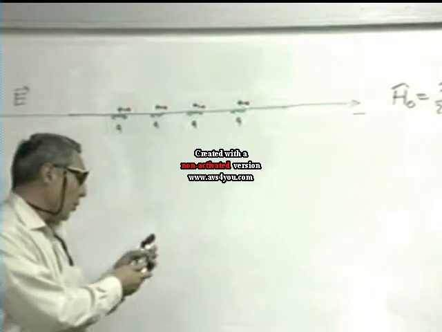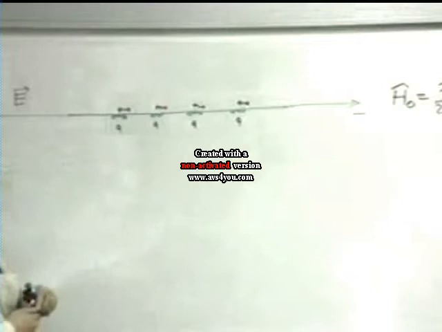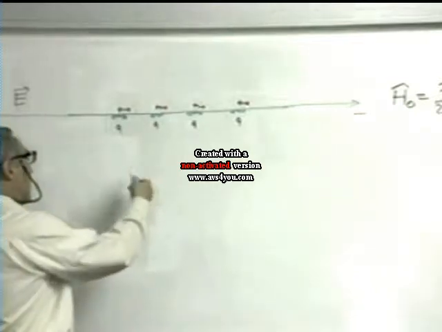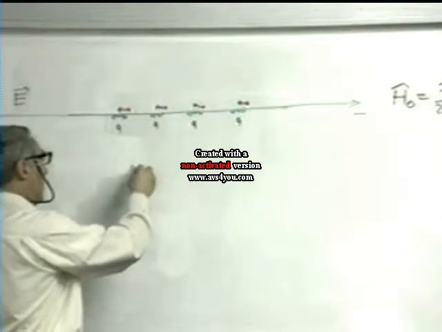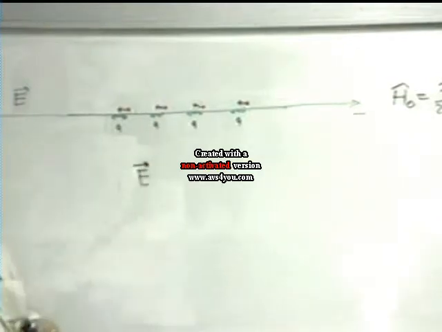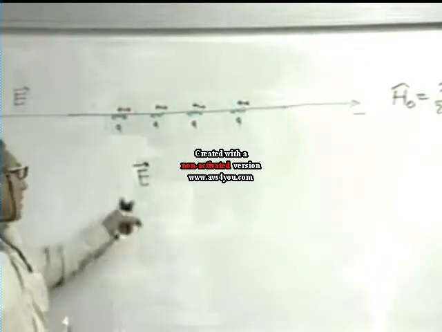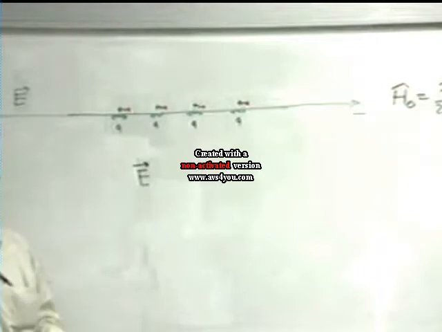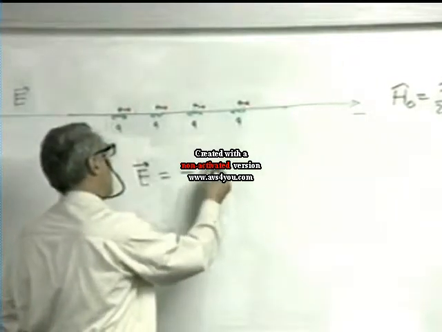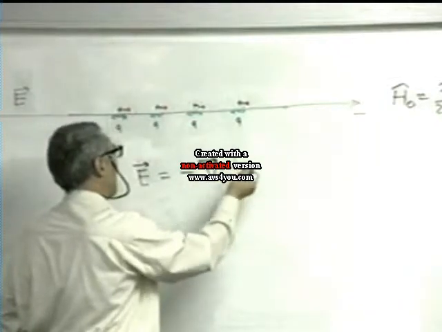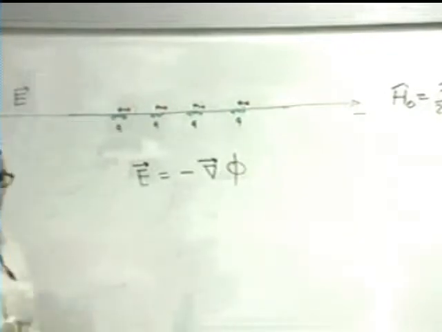Again, here we come to the theory of electricity. Every time there is an electric field, quite generally, electromagnetism tells us that this electric field originates from some electric potential. So the general formula is the following one: minus the gradient of the potential. Let me call the electric potential like this.